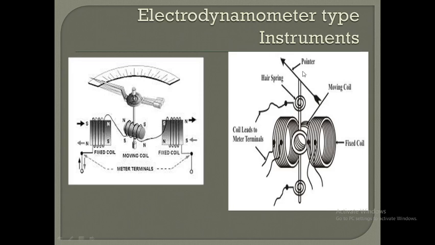So TC is directly proportional to theta, and TC is equal to K theta. So your theta is ultimately proportional to I square. That means this type of instrument can be used both on AC as well as on DC. Now we'll see the construction of this.